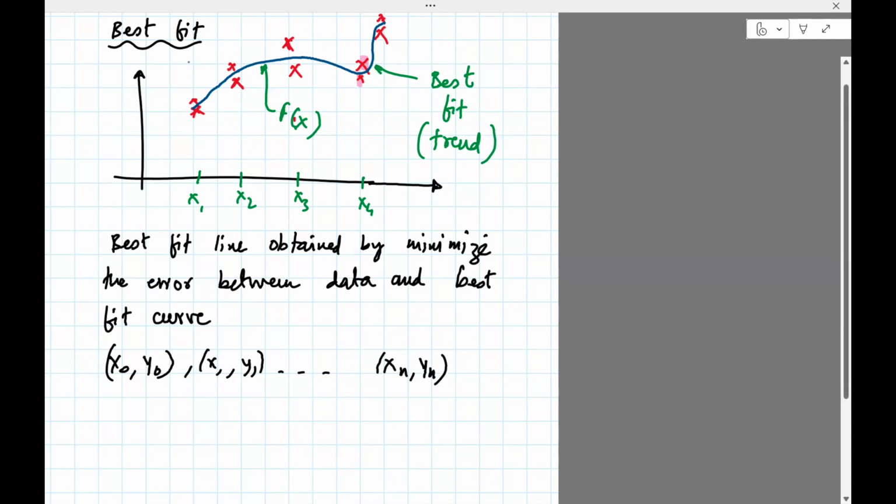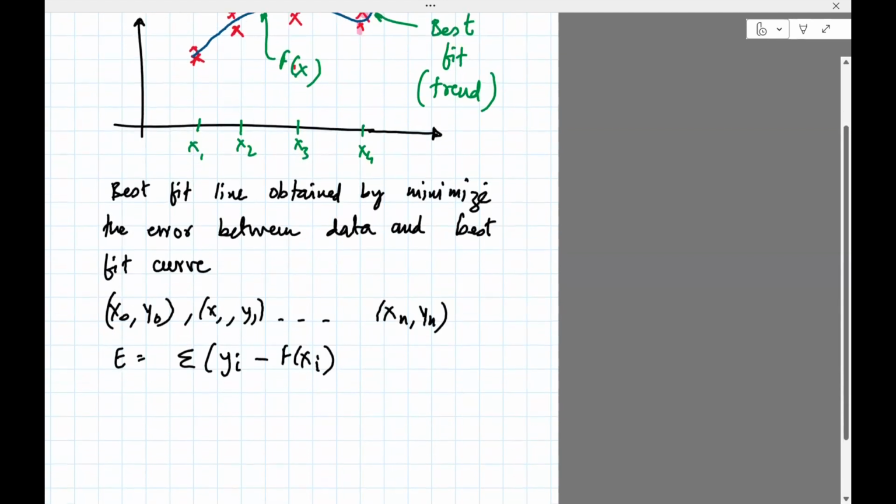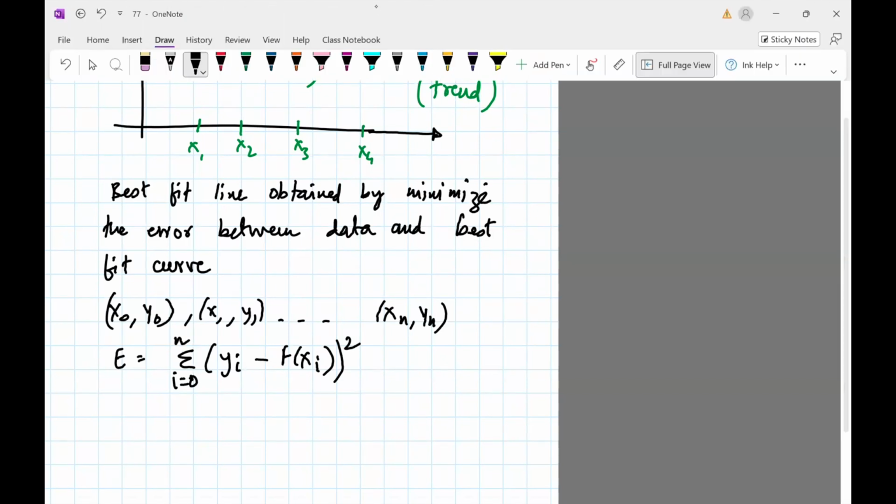Then what you do is you try to take the error, which will be summation yi minus f of xi, where f of xi is the curve. You take the square, you sum it over all the points, and you minimize this error.